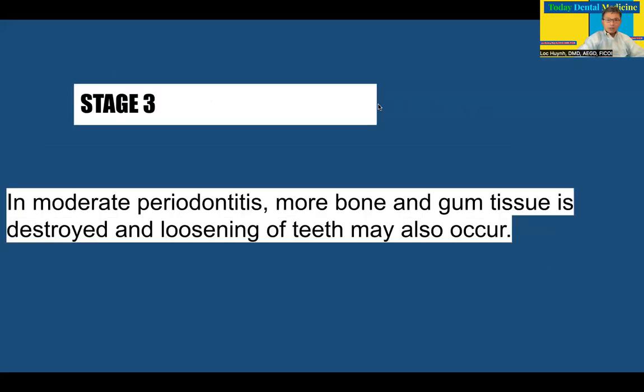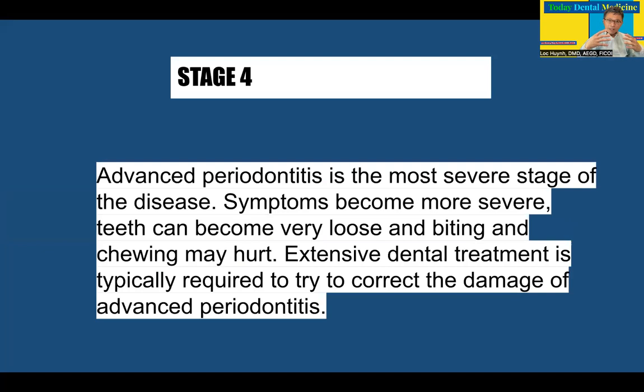Then stage 3 is moderate periodontitis, moderate gum disease, where you have more bone loss, more gum tissue is destroyed, and loosened teeth may occur. You might see your tooth becoming mobile and loose.